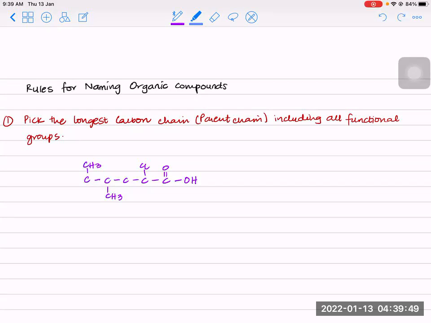No, you can't do it like this. You can't go like this and then come back up and pick the chain. It has to be in one direction, in one go. So this becomes your longest carbon chain. Clear? It is 6 carbon atoms. So this becomes your longest carbon chain or your parent chain.